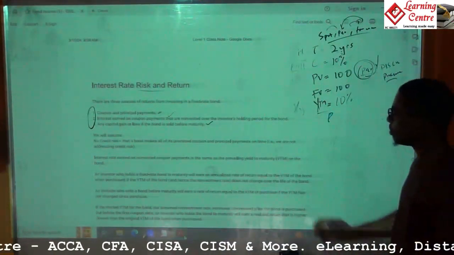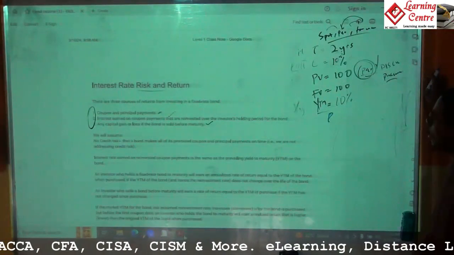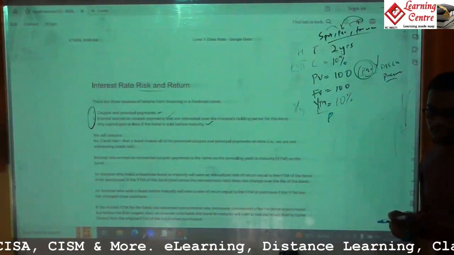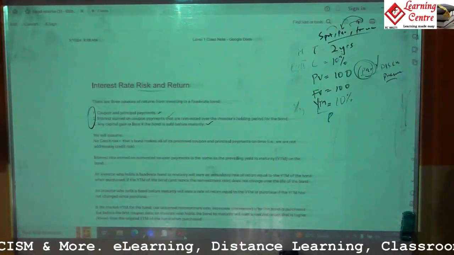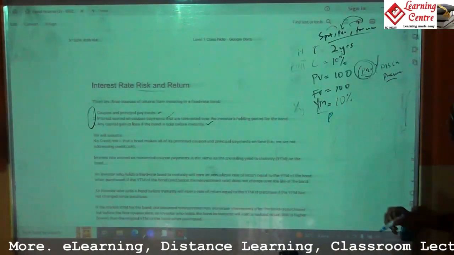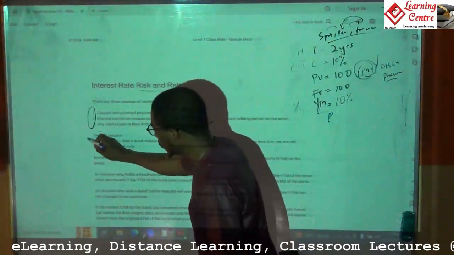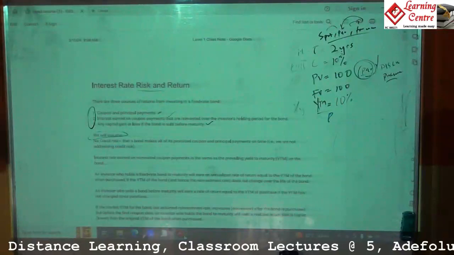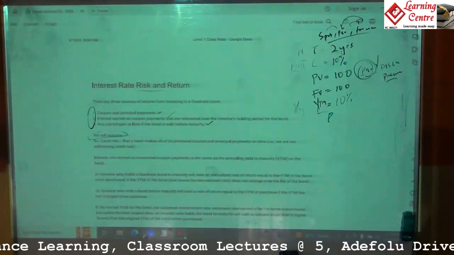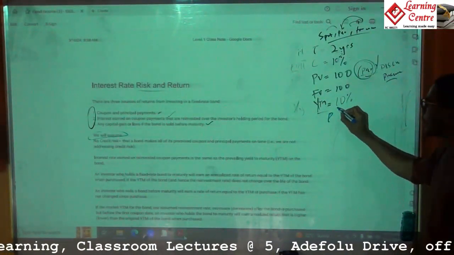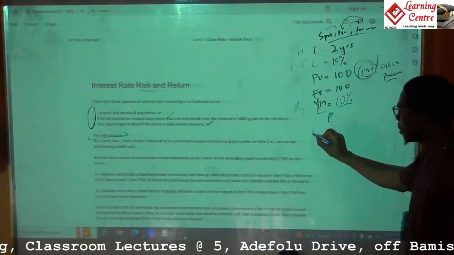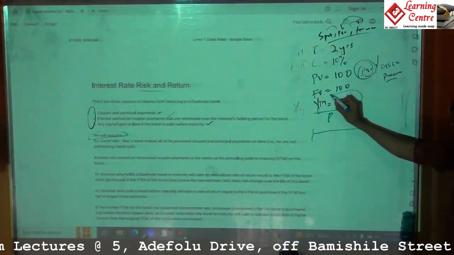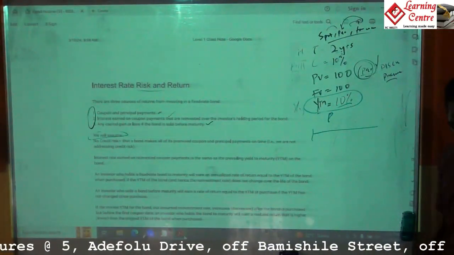What we're trying to do, and we are going to get to discussing credit risk, but we want to make a very good assumption, just to refine things for us, that there is no credit risk. So this is saying that if we hold the bond to maturity, we are going to earn 10%.